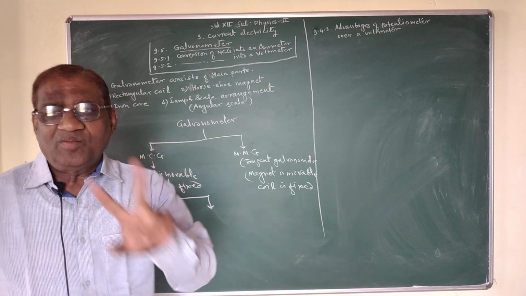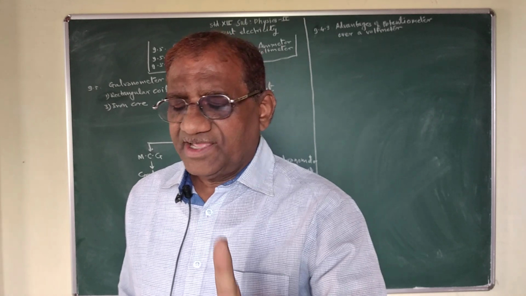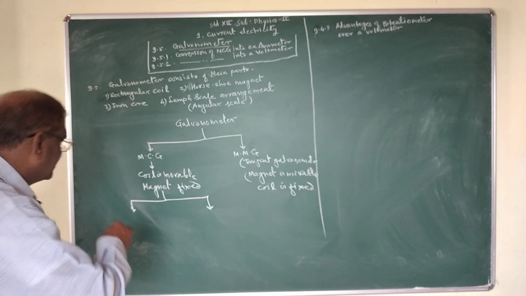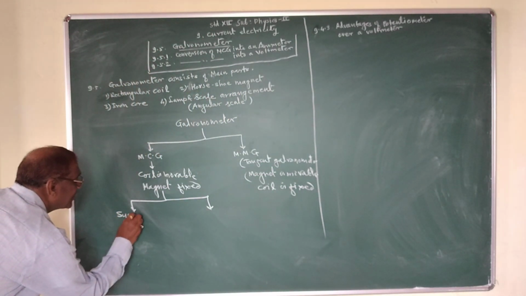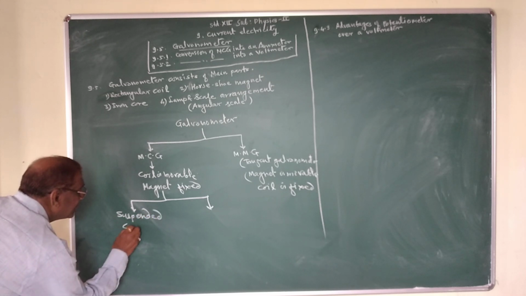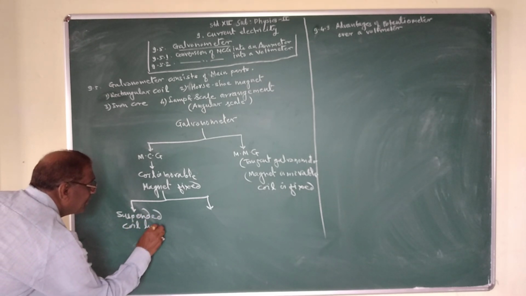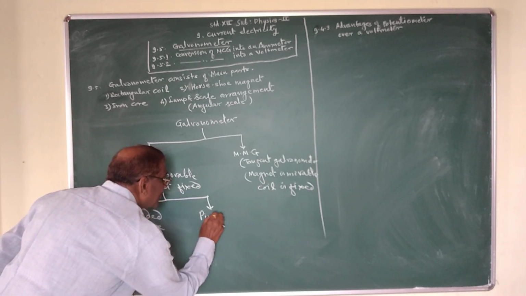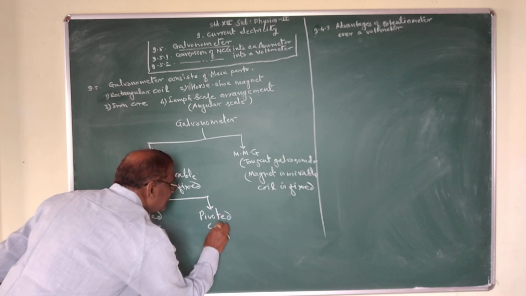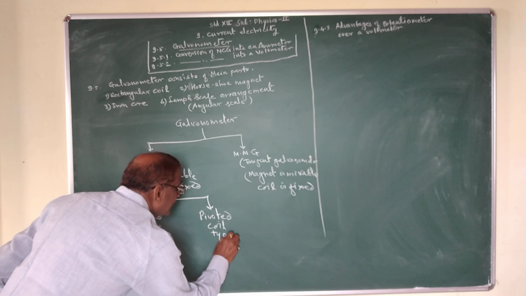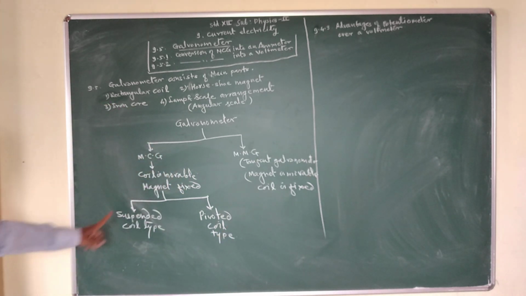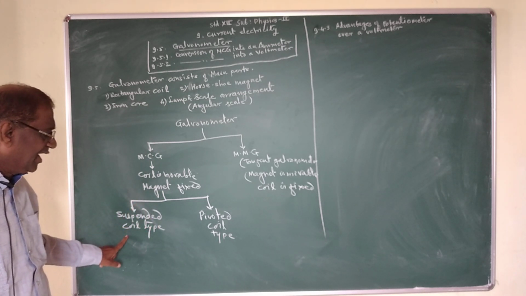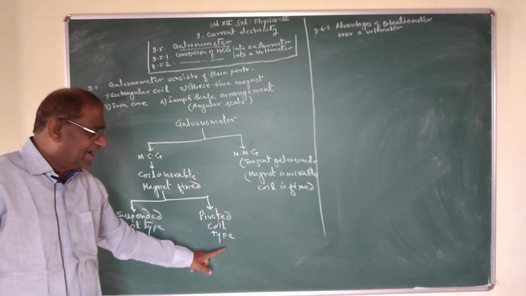First type is suspended coil type galvanometer, and second type is pivoted coil type galvanometer.